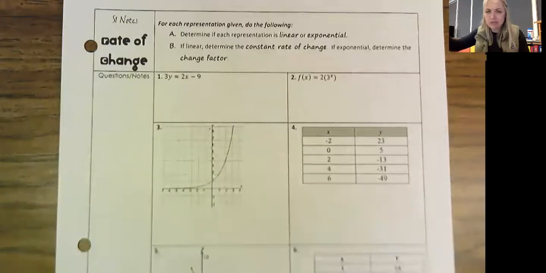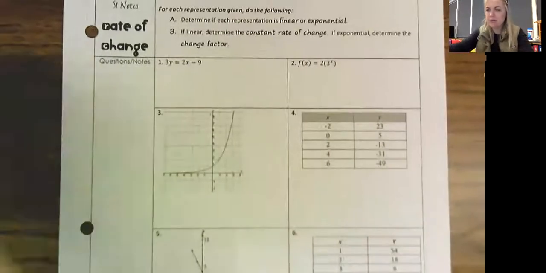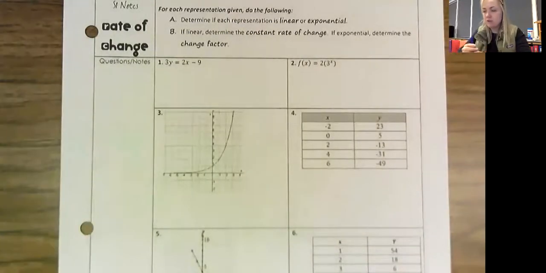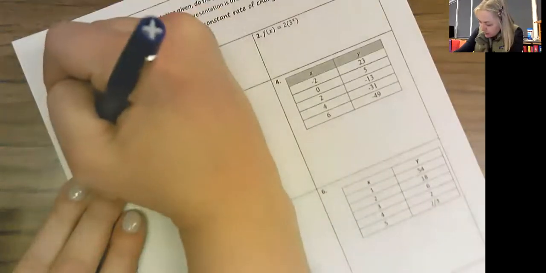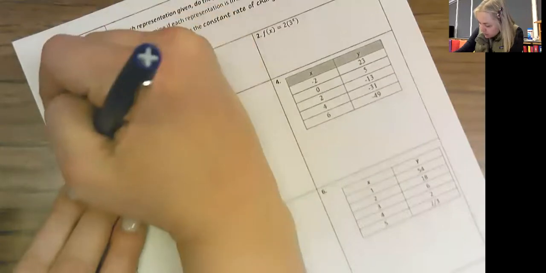And before I even go to number one, let's put a couple notes in the margin. We are first going to, red and blue, talk about this constant rate of change. So let's write down constant rate of change.